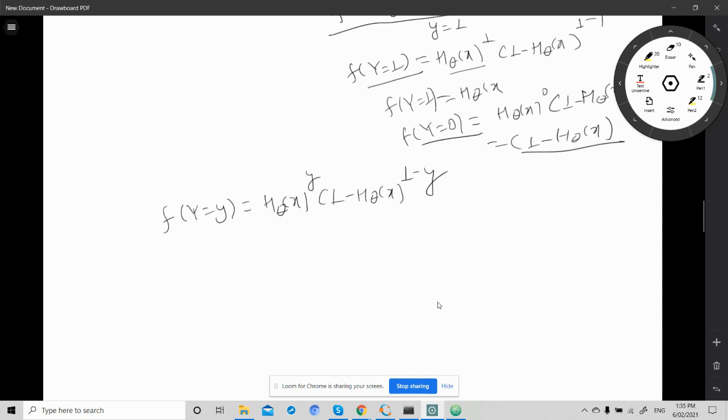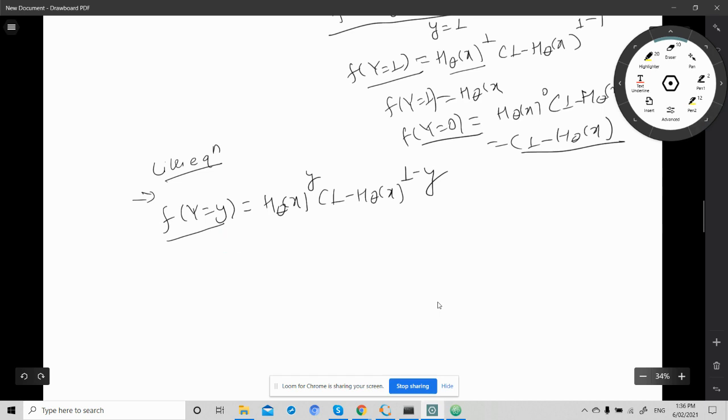So this is what we even call the likelihood equation. So we need to calculate the log likelihood. Firstly, we need to calculate the likelihood equation.